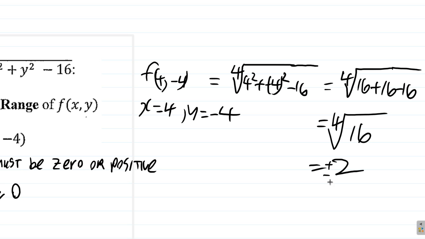It can be positive or negative 2, because negative 2 times negative 2 times negative 2 times negative 2 is 16, and the same thing happens with positive 2. Just like how the square root of 16 is plus or minus 4, the fourth root of 16 is plus or minus 2. Alright, so that's that for now.